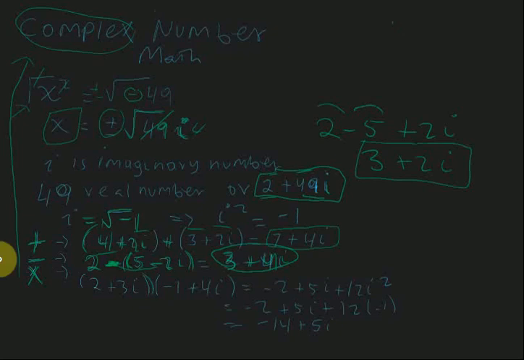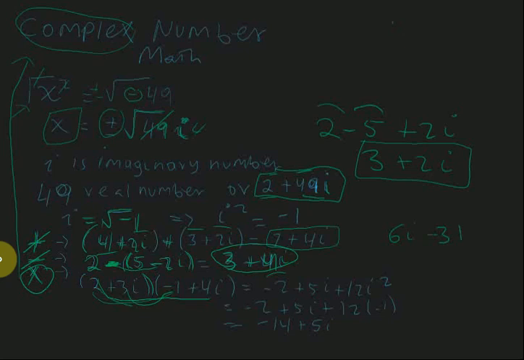What about the multiplication? We did the addition, subtraction, now multiplication. So now we have 2 times negative 1, so we got negative 2. 2 times positive 4i, we got 8i. And 3i times negative 1, we got a negative 3i.